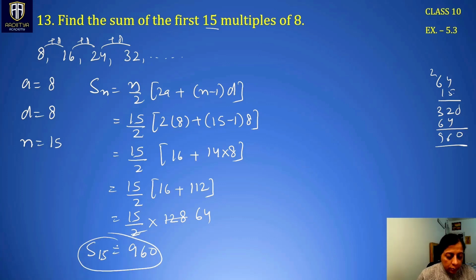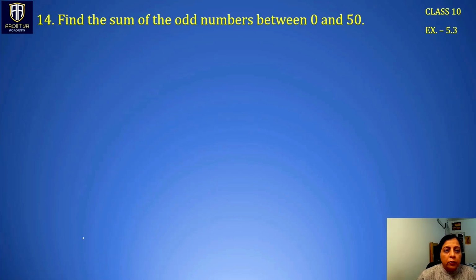Right? The next question says, find the sum of odd numbers between 0 and 50. I had told you earlier that when it says between, even if this had been 1, we should not have considered this number and this number. When it is between, you are not supposed to consider the boundary elements as your sequence members.